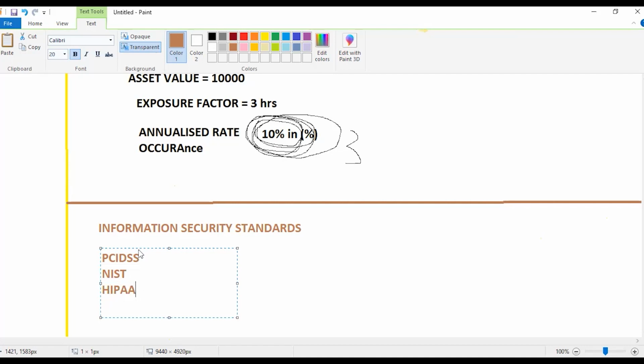HIPAA, Health Insurance Portability and Accountability Act, also known as the Kennedy-Kassebaum Act.